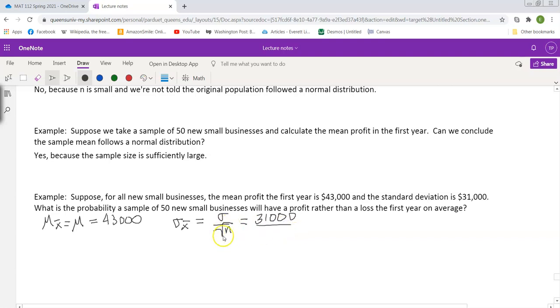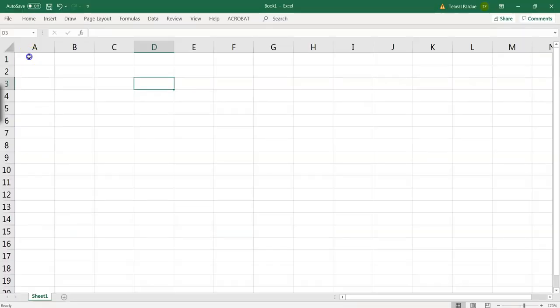And that's going to be divided by the square root of the sample size. So we need to do 31,000 divided by the square root of 50.